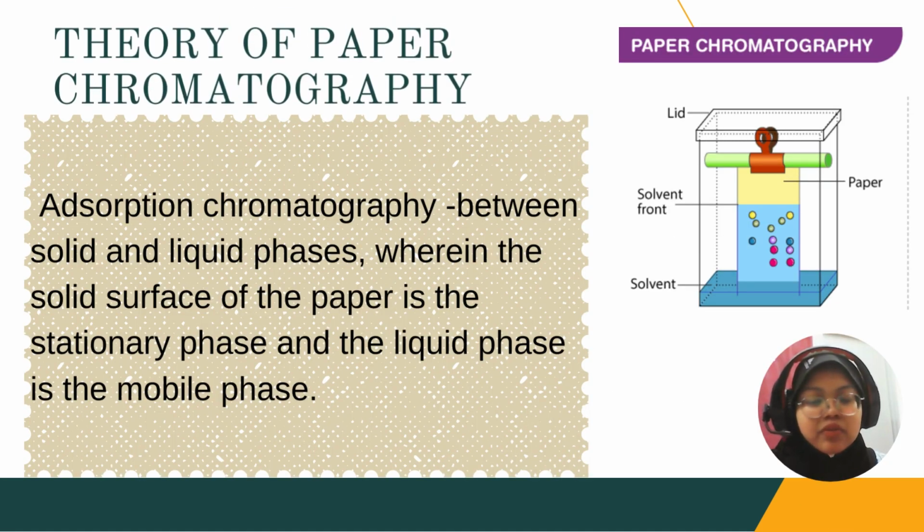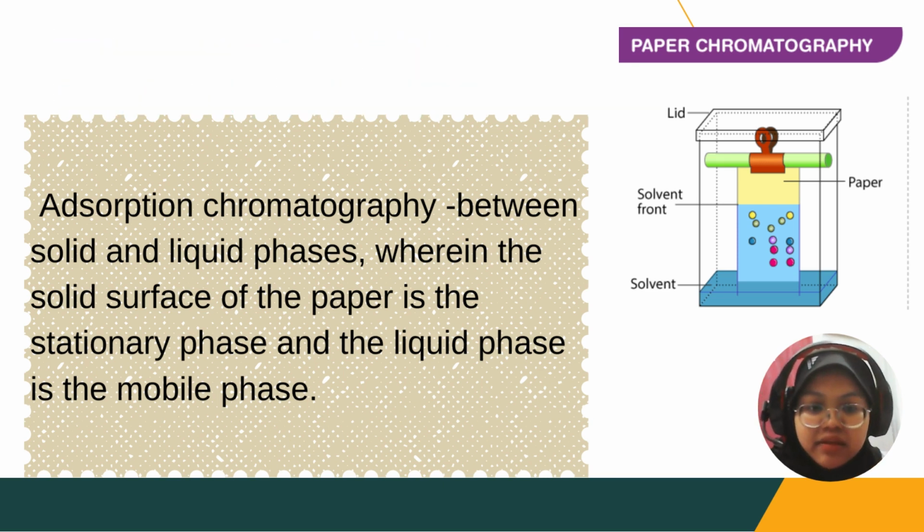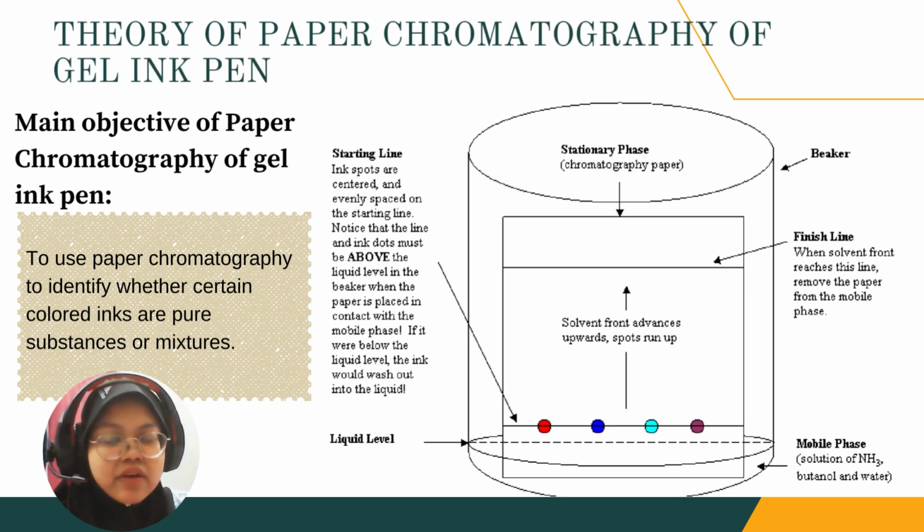For absorption chromatography, it occurs between solid and liquid phase, where the solid surface of the paper is the stationary phase and the liquid phase is the mobile phase. Now for paper chromatography of gel ink in pen, first we need to observe our main objective, which is to use paper chromatography to identify whether certain color inks are pure substances or mixtures.